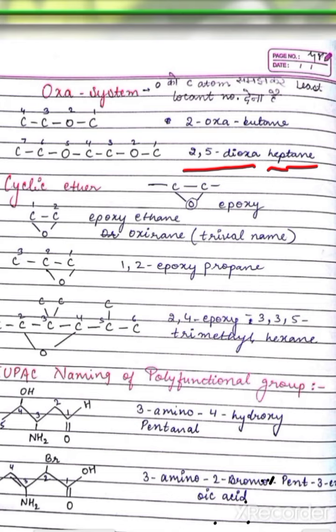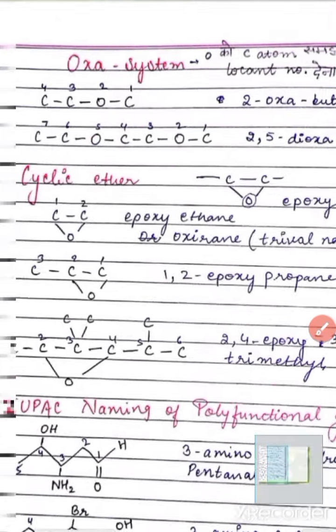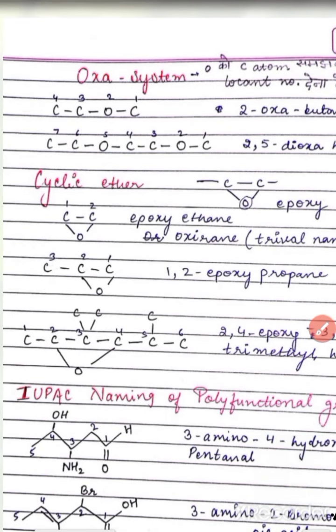Now we move on to cyclic ether. In cyclic ether, this group is known as the epoxy group, meaning this O is attached to carbons and it forms a chain, or ring. It forms a ring like this.